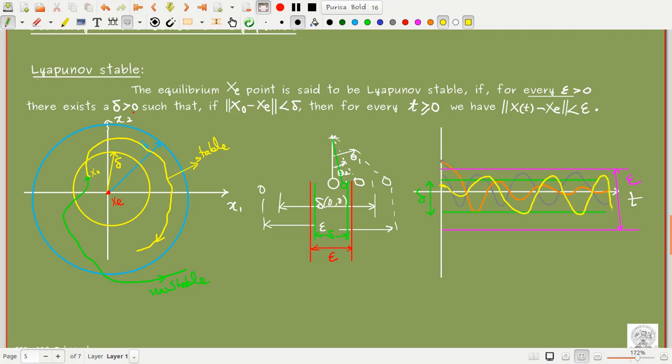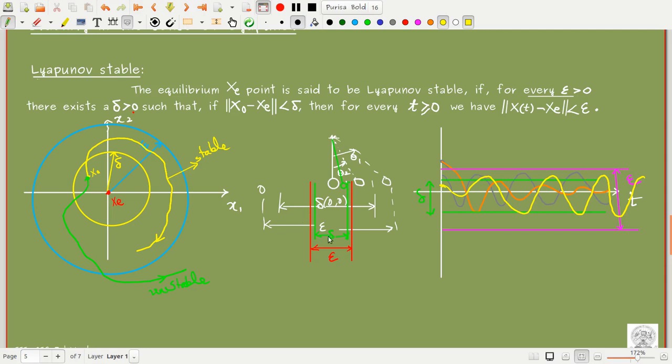That means the trajectory is having some oscillatory behavior, but these oscillations are not going out of this epsilon ball. So this is about the simple stability of the system.